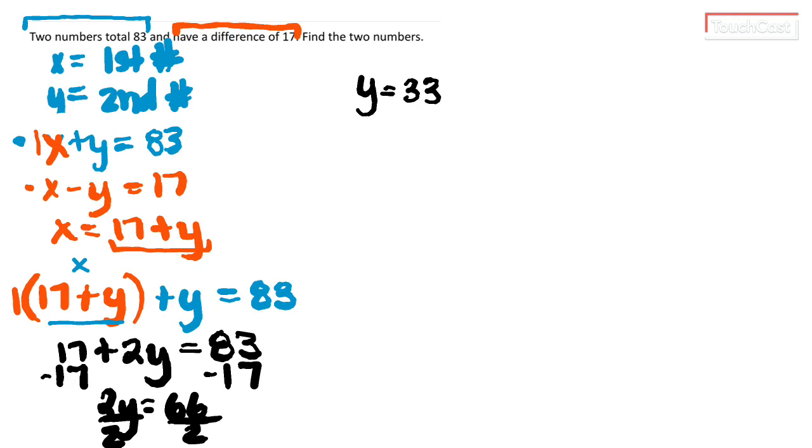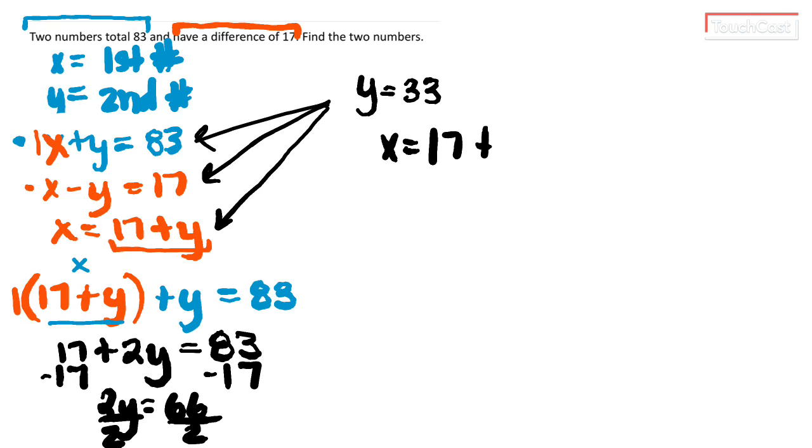Then I can use that value to plug into either one of these original equations and find what x is equal to. And since we already solved for x in the second one here, it's actually better to go ahead and use that one. So we're going to say x is equal to 17 plus 33, because that's what I had for y in that second equation.